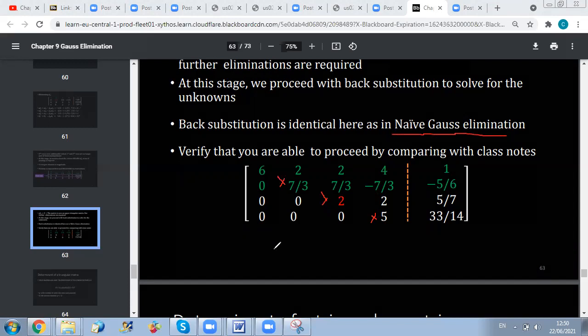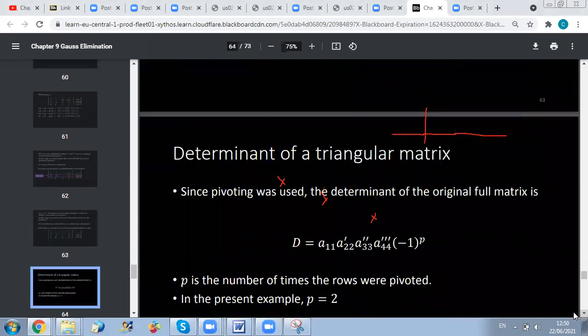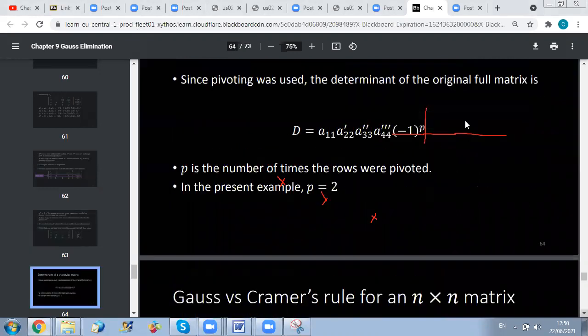On the other hand, if you do Gauss elimination with pivoting, the determinants will be equal in magnitude but might have opposite signs. So the general rule to find the relation between the determinant of the full initial matrix and the final upper triangular matrix is the following.